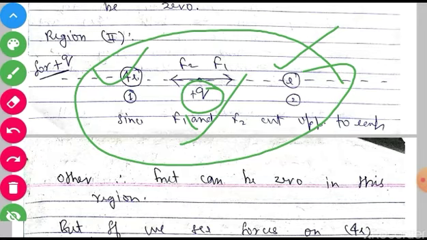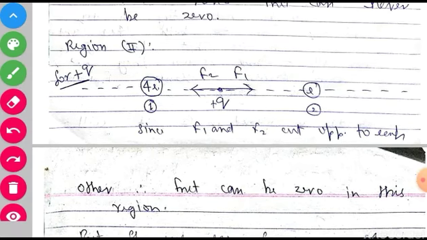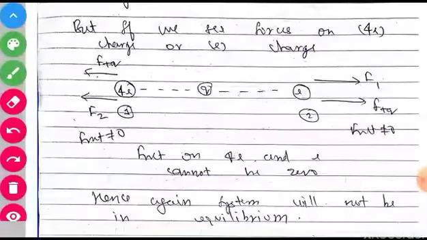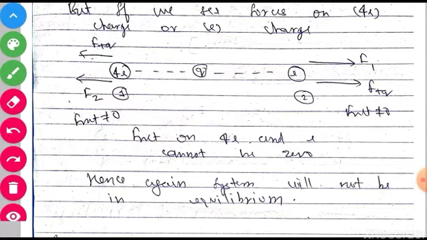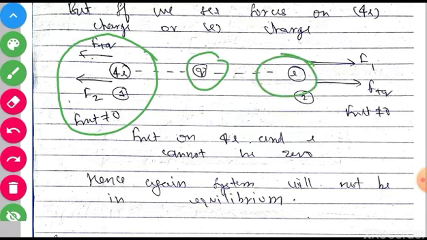Now let's see the forces which are acting on 4e and e. What about them? I have shown these forces here. See, if I consider the forces acting on this 4e charge, 4e will experience force due to q and due to e.